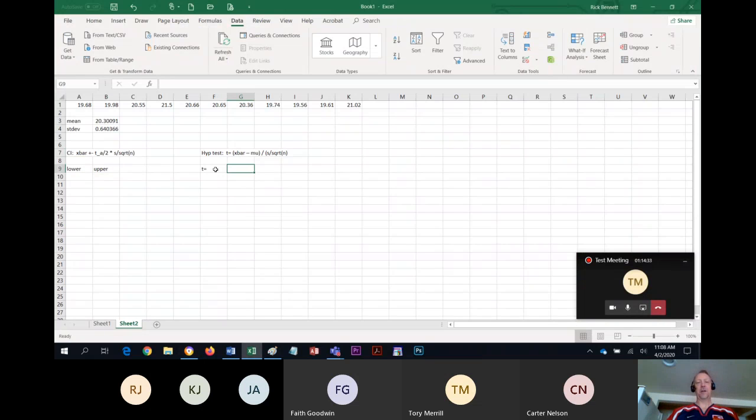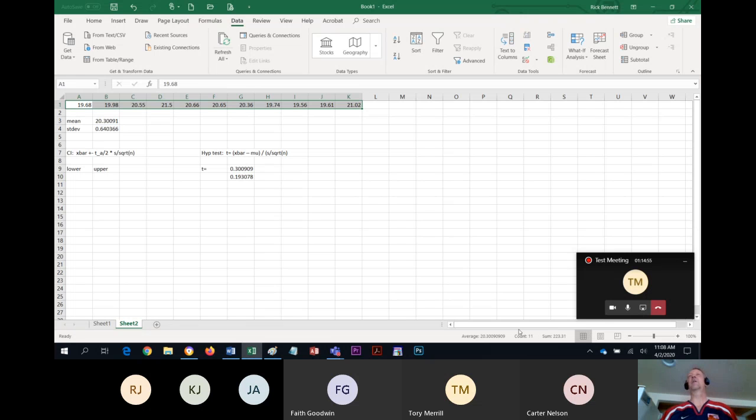But do it if you want. There was a reason why I wanted to do the confidence interval first, but if you want to do this first, x bar is going to be 20.3 minus 20, and then s divided by the square root of n. My n was 11, right? I should make sure that my n was really 11.